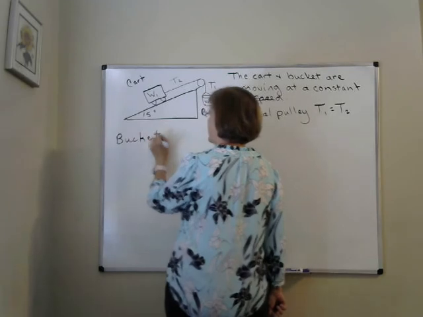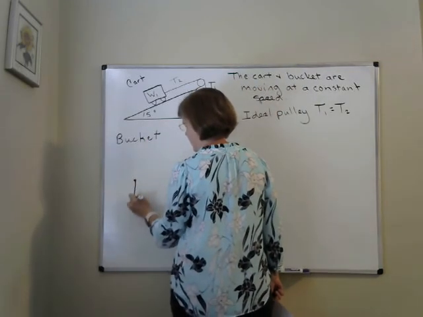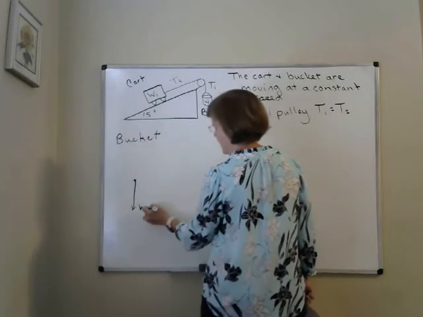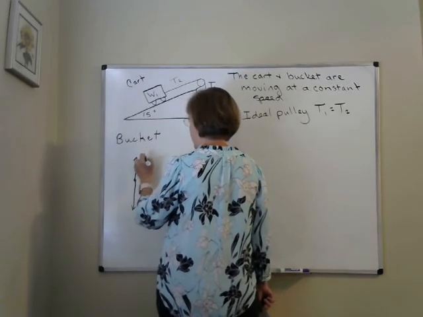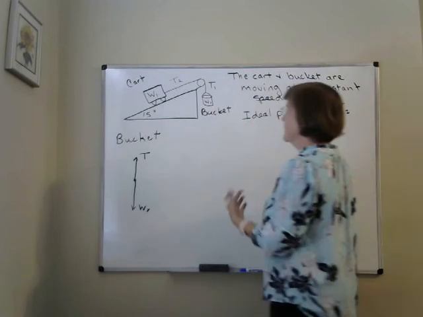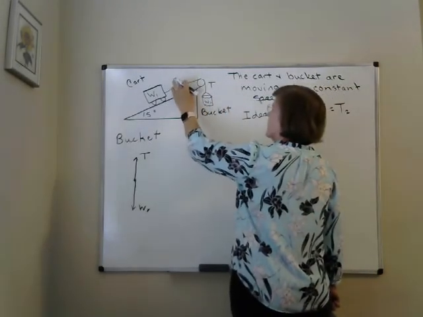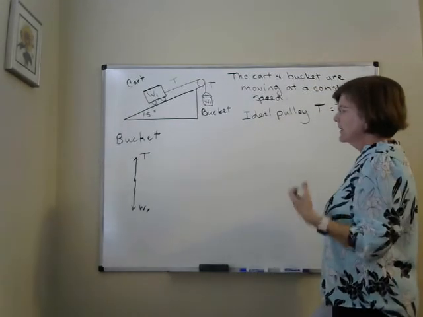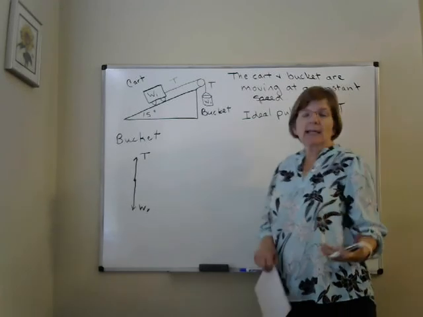The free body diagram for the bucket looks like this. The weight of the bucket, which we've called W2, is equal to the tension. Notice since T1 and T2 are equal, let's just call them T now. There's only one tension since it's the same. So W2 has to equal the tension, or the tension has to equal W2.